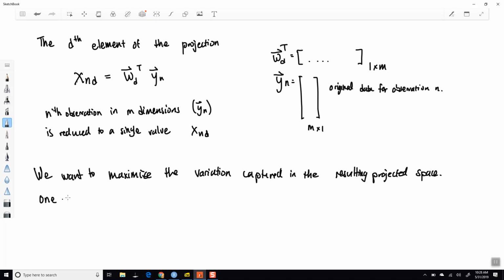So one rule is that each projected dimension is orthogonal to all other projected dimensions.